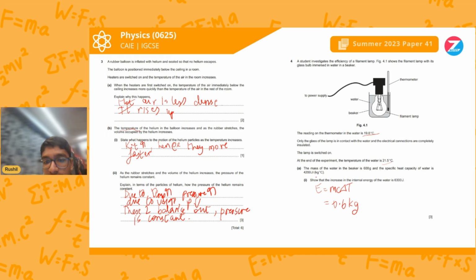The units are important because specific heat capacity is given as 4200 joule per kg degree Celsius, into the temperature change, which is 2.5 degrees since it's 21.5 degrees Celsius minus 19. So into 2.5 degree Celsius, which is 6300 joules. Hence we have shown that the increase in internal energy is 6300 joules.